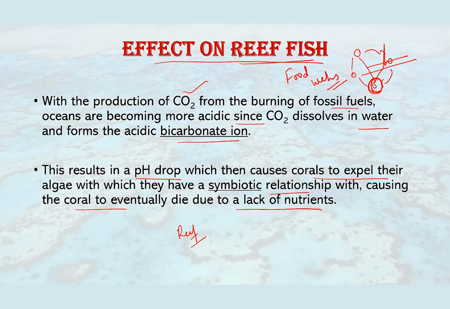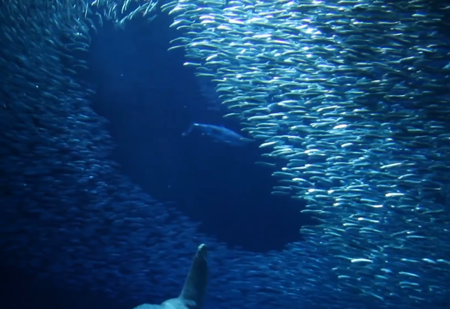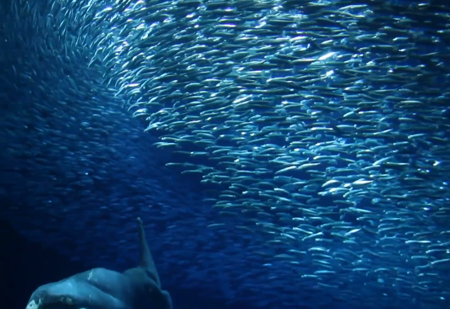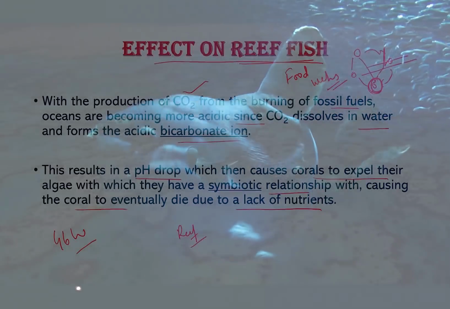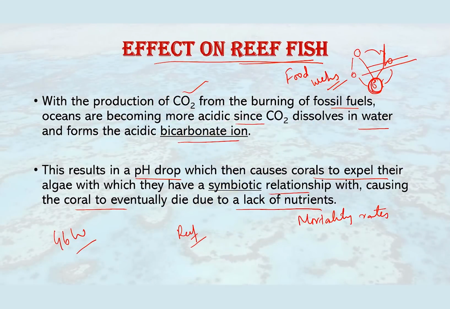And talking about reef fish again, ocean acidification due to global warming will also change the reproductive cycles of reef fish, who normally spawn during late spring and fall. On top of this, there will be increased mortality rate among the larvae of coral reef fish since the acidic environment slows down their development.